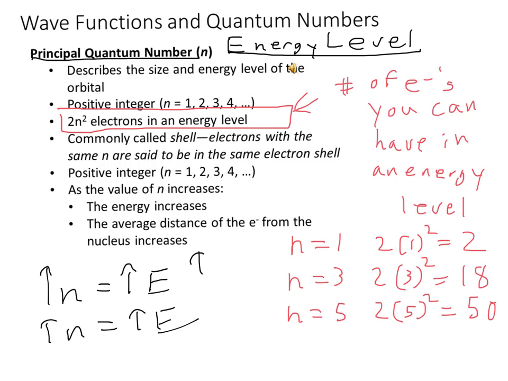And we'll add one more. Size increases, the size of the orbital. So your principal quantum number can tell you quite a bit: size, distance from the nucleus, and the energy of the orbital.